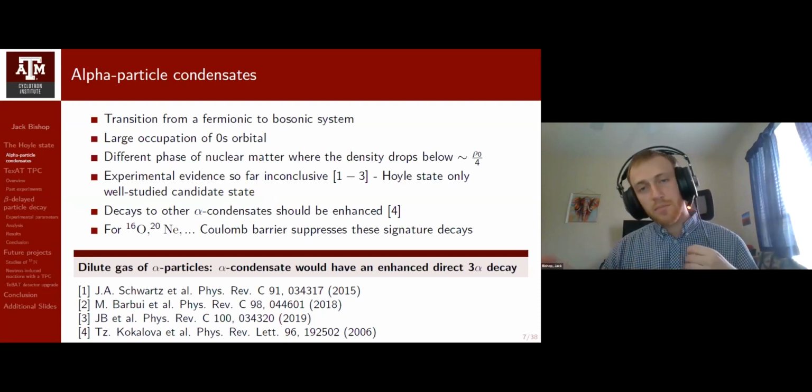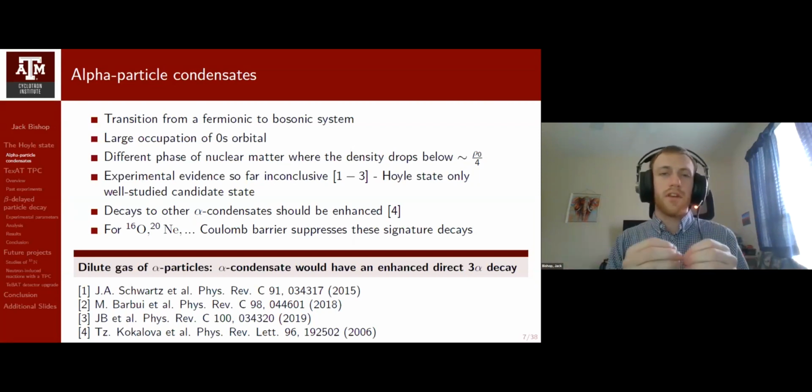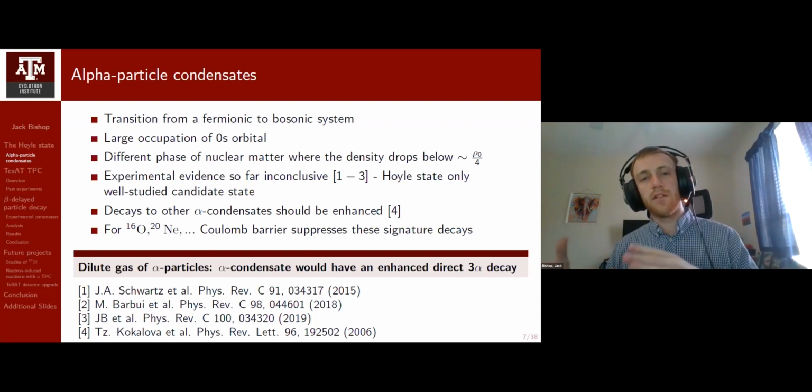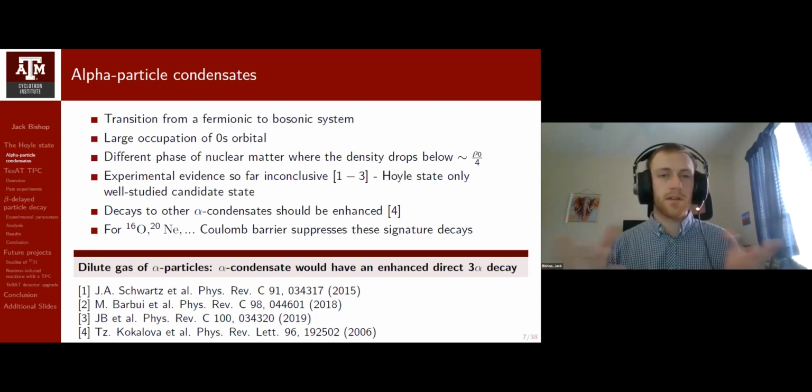Now, obviously, alpha particles aren't true bosons, they're pseudo-bosons, but as long as we don't resolve the underlying structure by having the alpha particles sitting too close to one another, they seem to behave like a bosonic system. So we get a very large occupation of the 0s orbital in something analogous to a Bose-Einstein condensate, but instead of a very large number of bosons, we're looking at a very small number, i.e. 3. So this really constitutes a different phase of nuclear matter.